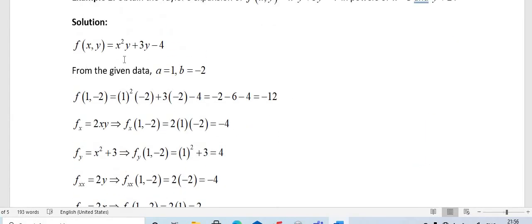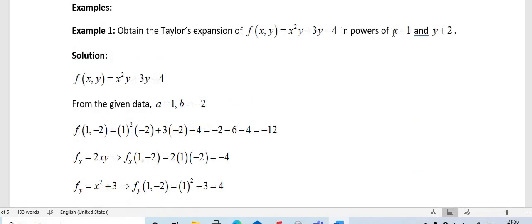So f of x comma y equal to x square y plus 3y minus 4. From the given data, observe this value is a. Here y plus 2 can be written as y minus of minus 2. That means minus 2 is b. Always we have x minus a, y minus b only.